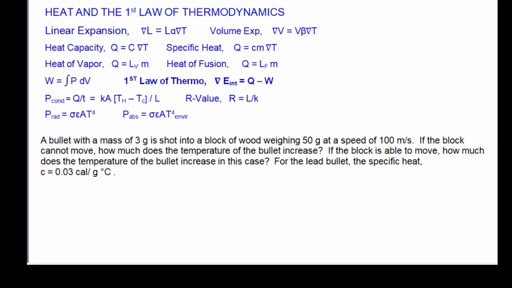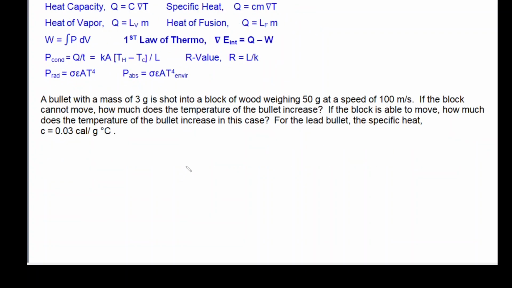So let's diagram what's happening here. We have a bullet that's being shot into a block of wood, and the bullet weighs 3 grams. The block of wood weighs 50 grams, and this is moving at 100 meters per second.